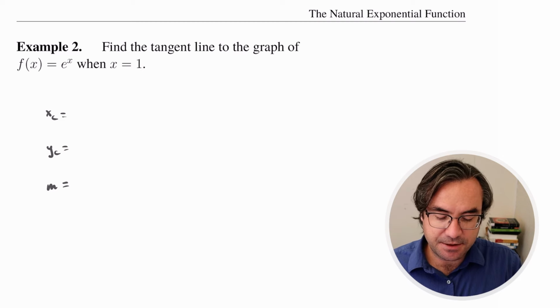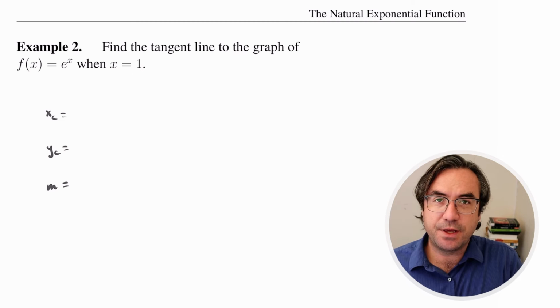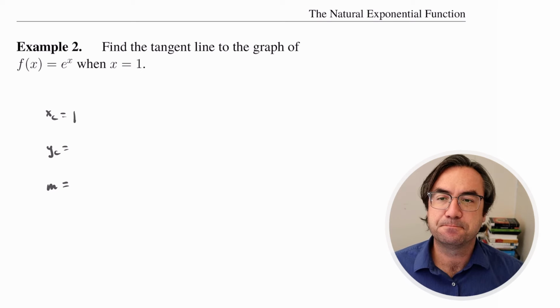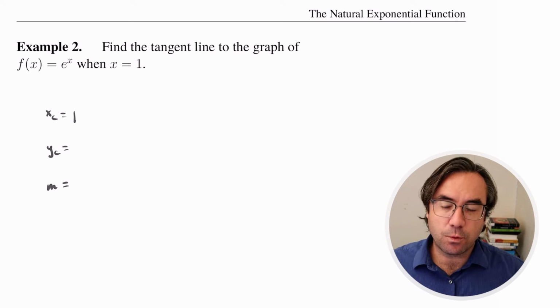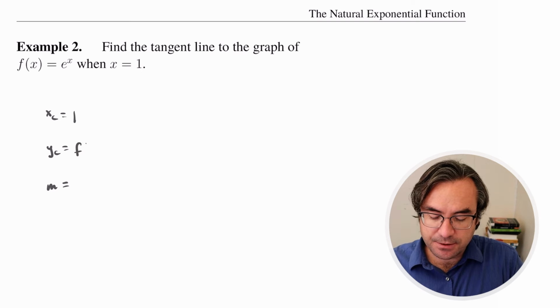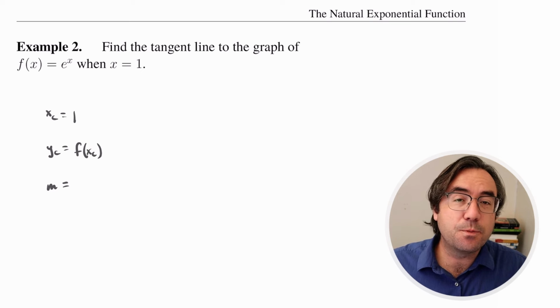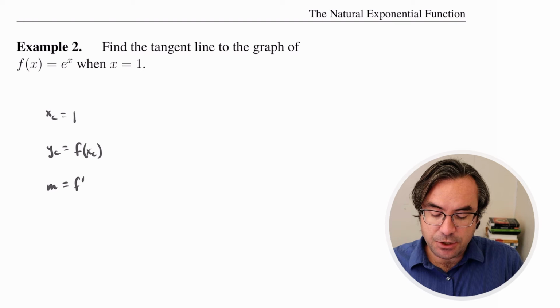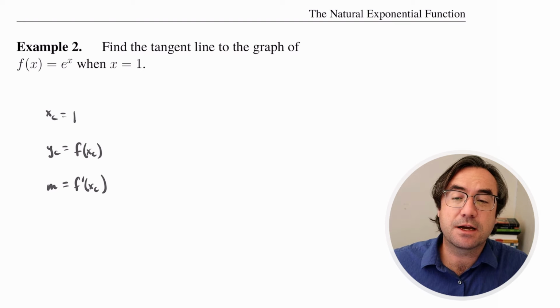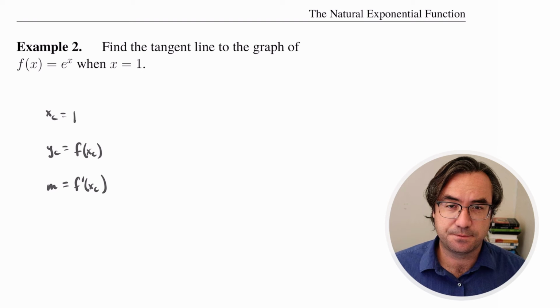In this case, the x-coordinate we're given. So the x-coordinate here is just 1. And then we get the y-coordinate by using our original function and plugging the x-coordinate into that. And then we get the slope of our tangent line by using the first derivative, and we plug the x-coordinate into our first derivative.